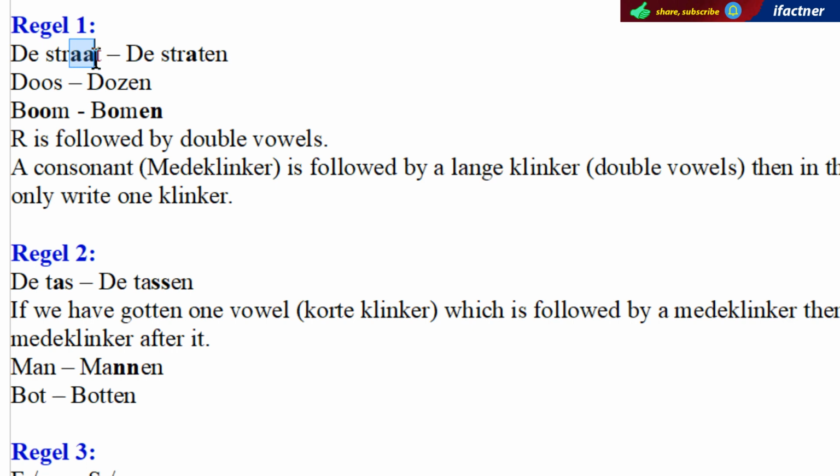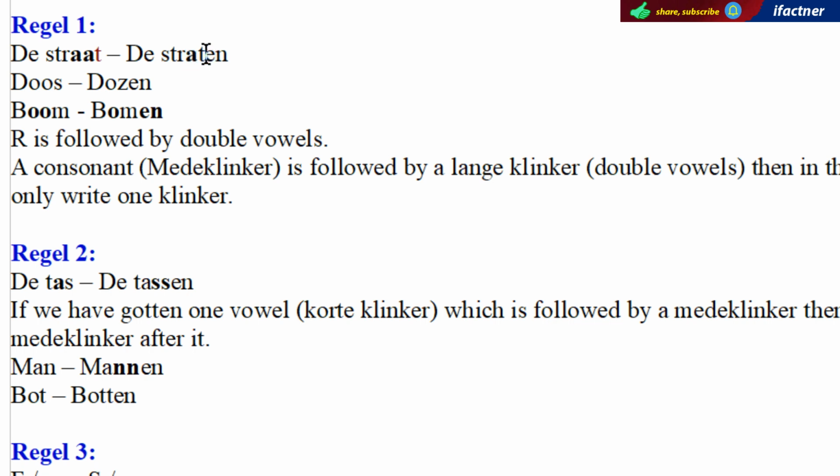So there is a lange klinker in this word, and that is A-A. And the word ends with a consonant, that is medeklinker. Then according to this rule, to make a Meervoud, we have to omit one of the A's. So the Meervoud becomes straten with a single A.